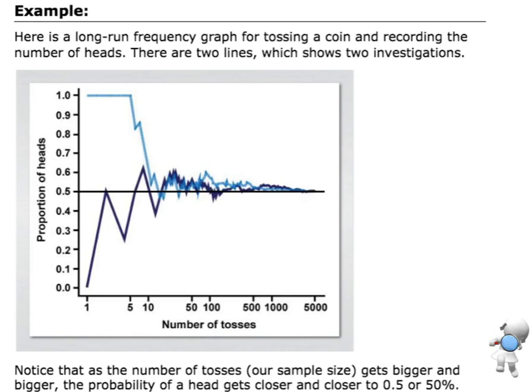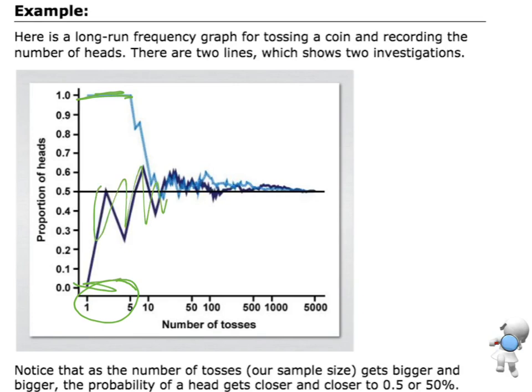Here is an example, and you can see I've got 2 lines on this graph. This is just looking at tossing a coin and recording how many heads have occurred. The light blue line is one trial and the dark blue is a second one. What you'll notice is at the start, the first, say 5 trials, the probability is quite variable.